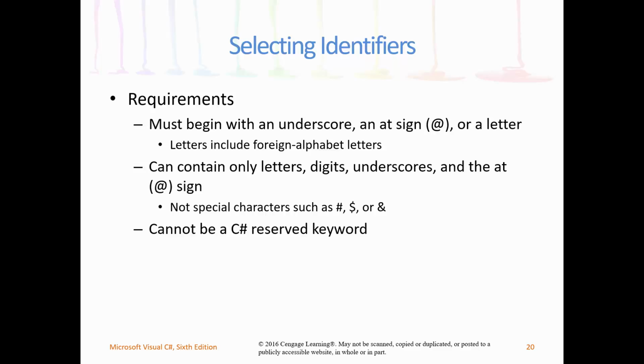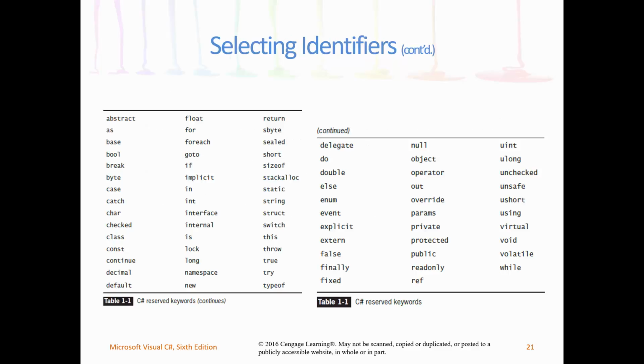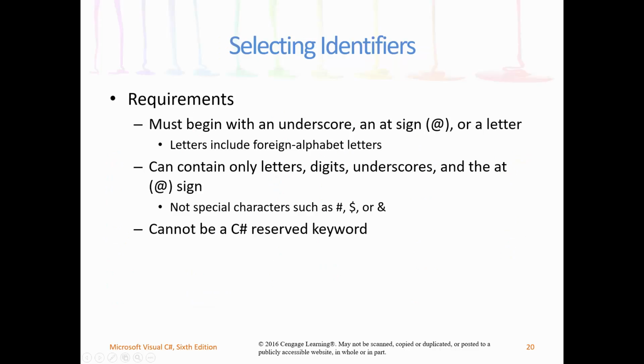After the first character, they can have more letters or digits or underscores or an @ sign. I would recommend, this is me speaking, using letters whenever possible. You might occasionally have to put in a number, but I wouldn't use anything else other than those. And they can't be a C# keyword, and there they are.